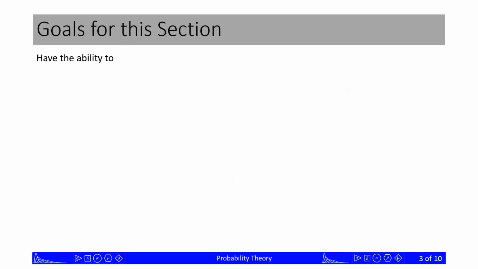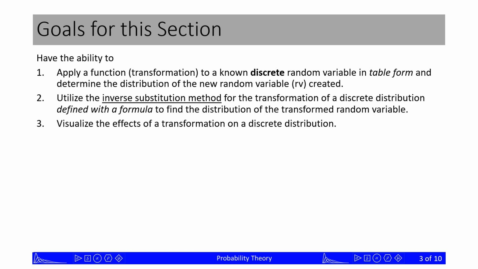By the conclusion of the videos for this section, along with the completion of the corresponding worksheets and assigned problems, you will: 1. Be proficient at determining the distribution of the random variable created by applying a function to a finite discrete random variable provided in table format or as individual probabilities. 2.